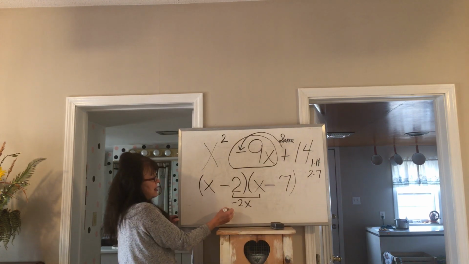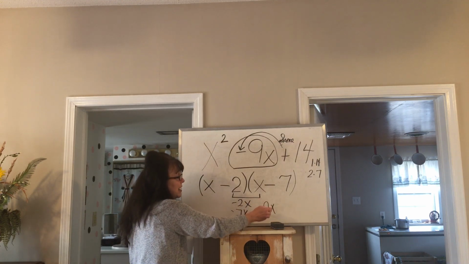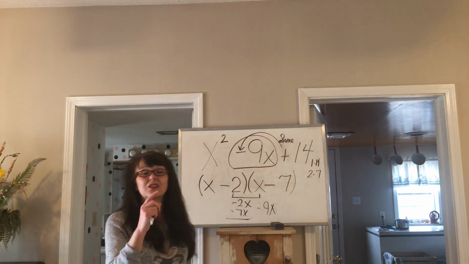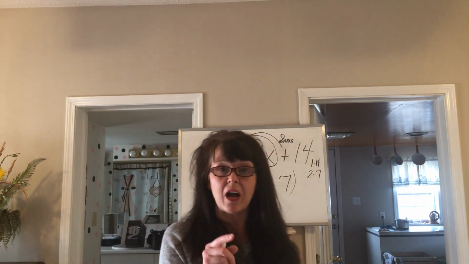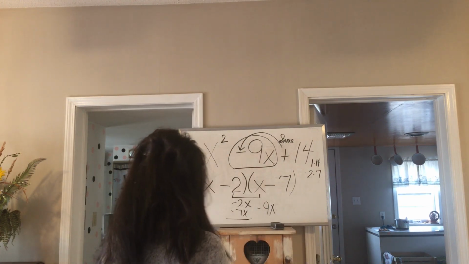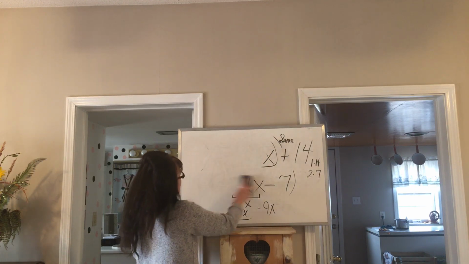So that's going to be negative 7x. That adds to give you negative 9x, which is what you have in the middle. So that's how you know it's right. Okay, now, let me do example 2 to make sure that this is making sense.